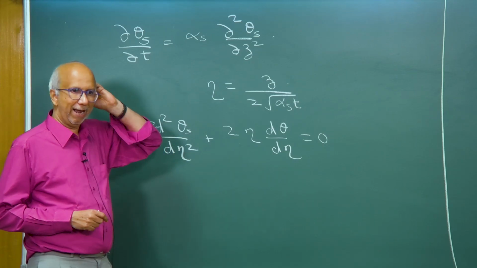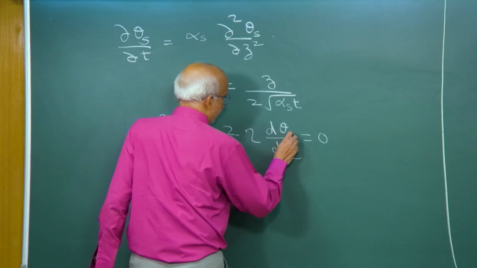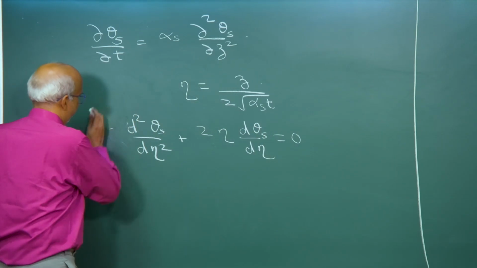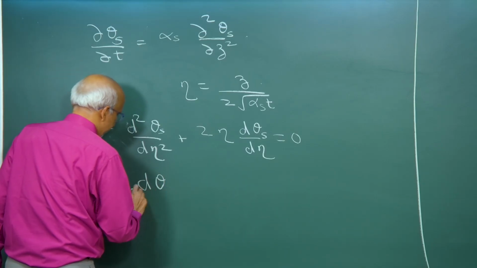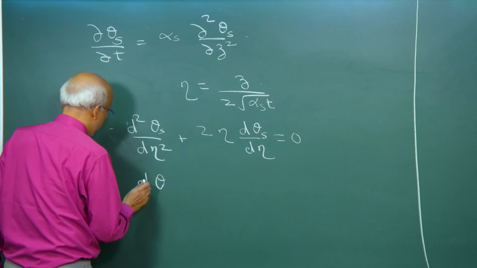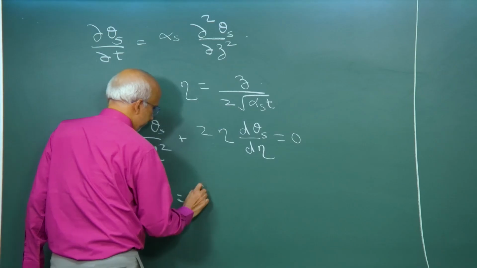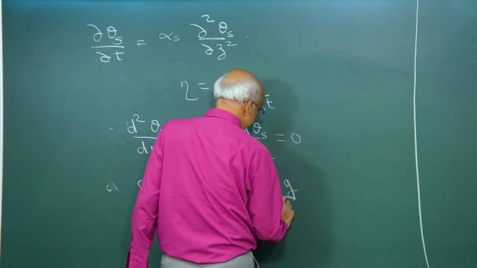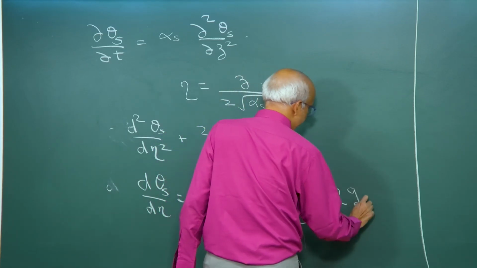And what this means is, I can write this equation as d by d eta of d theta s by d eta. Let d theta s by d eta be equal to some g, then this becomes dg by d eta plus 2 eta g equals 0.